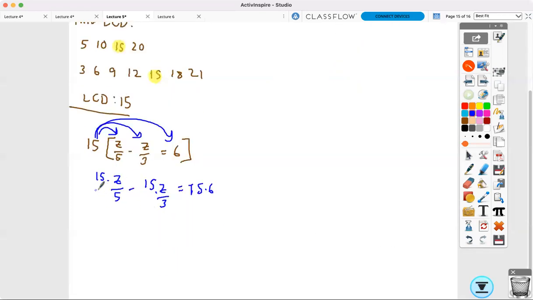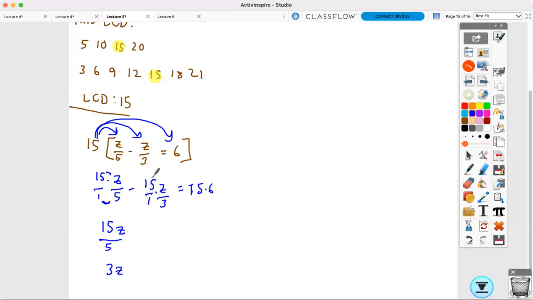All right, I'm going to go ahead and make this into a fraction over 1. 15 times z is just 15z. 1 times 5 is just 5. Now 15 divided by 5 is 3, so we get 3z. Over here, we have minus 15, right?